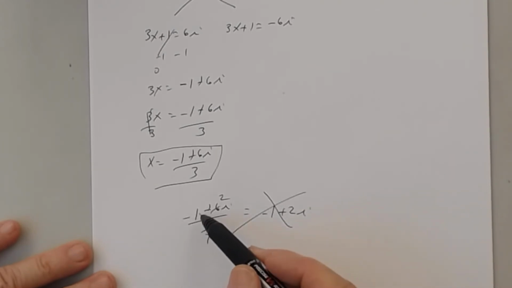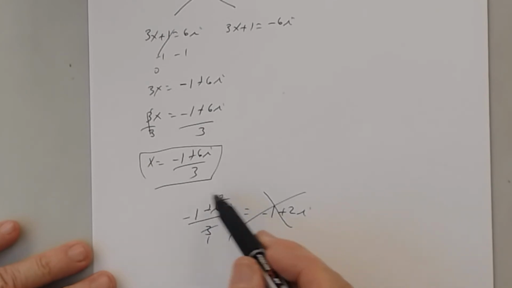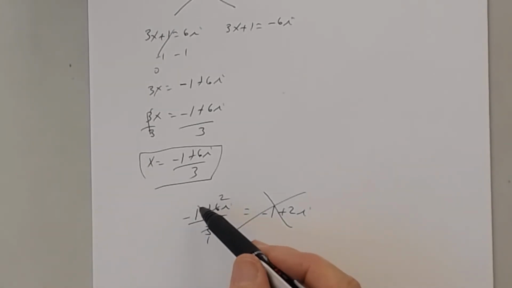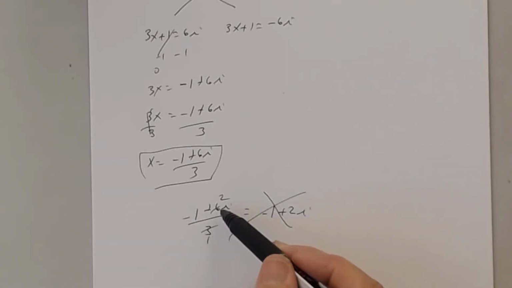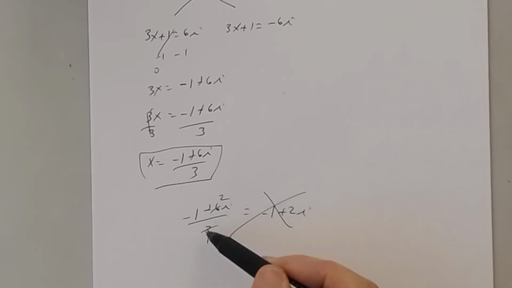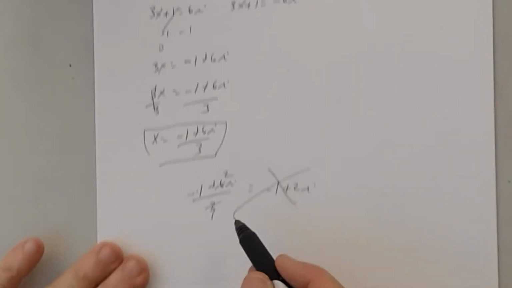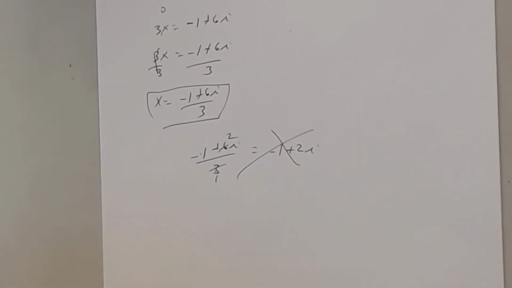Because remember, how many terms are in this numerator? 2. All those terms have to be divided by 3. What you've done when you reduce just this is you said 3 only goes into this term. But 3 has to also go into what term? Negative 1. So that's not correct. If you want to rewrite it the way I'm about to, you can.